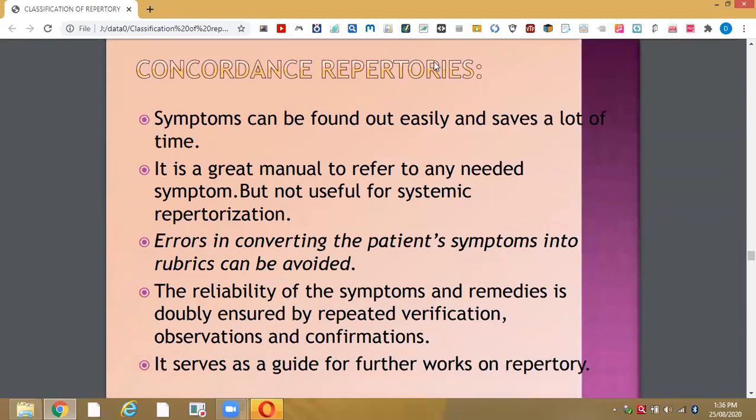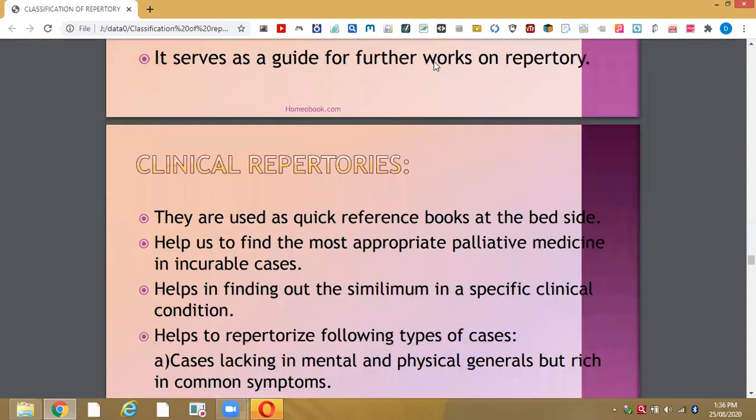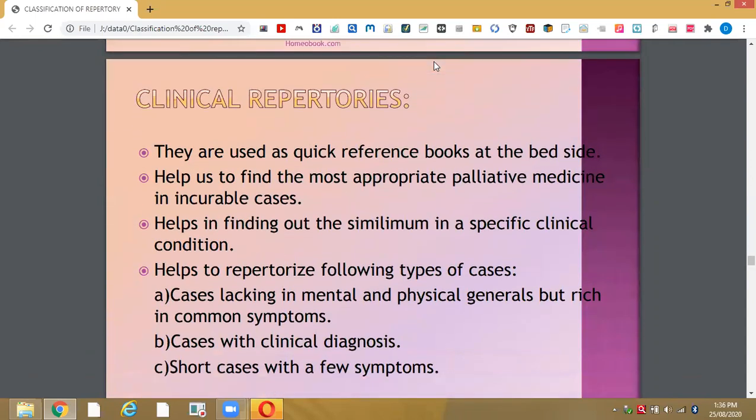It is a must to mention these points, because the importance of concordance repertory is very important to note down in any short note or short answer question. Many times it was also asked for 20 marks. So for a 20 mark question also, you have to mention the importance of these repertories in short.